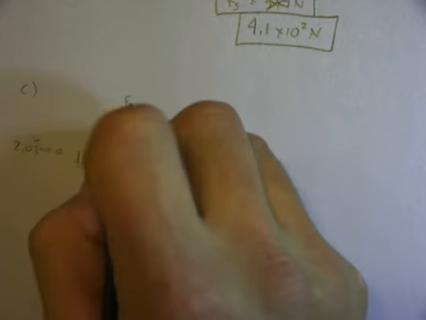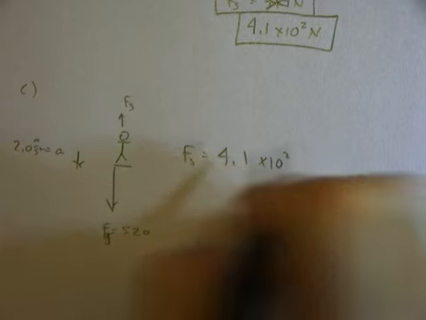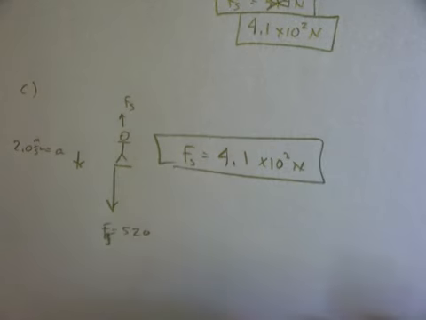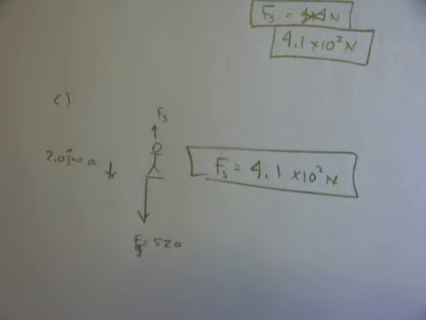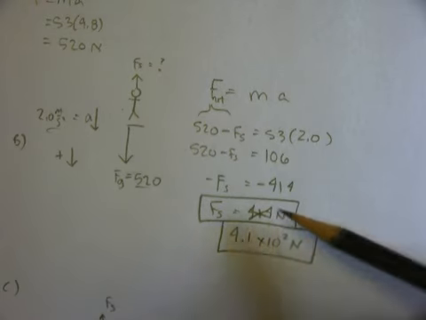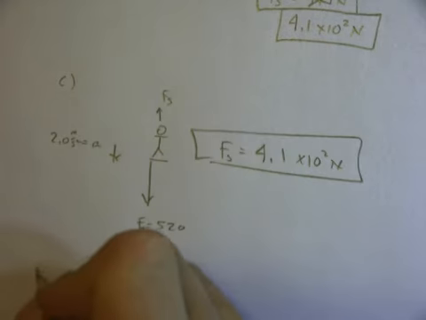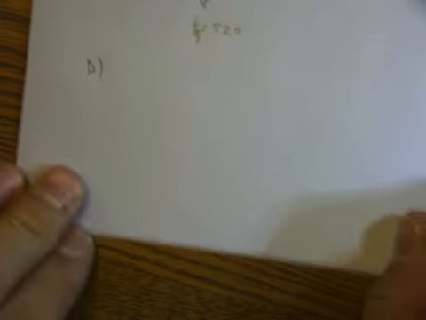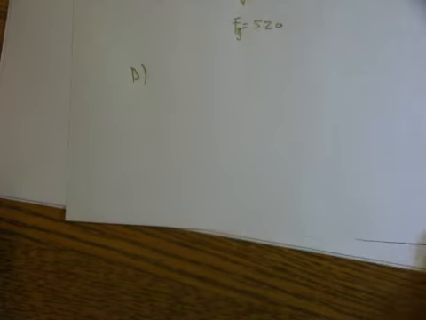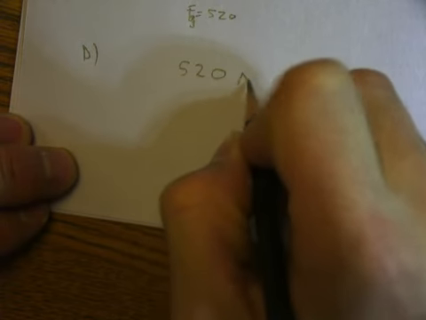The force of the scale is the same, 4.1 times 10 to the 2 newtons, because you have the same acceleration. In one you're slowing to a stop, and in the other you're speeding up, so you're only concerned with the acceleration. Part D says it's moving downward at a constant speed. Anytime you're moving at a constant speed, the scale is going to read the same thing. So the scale is going to read 520 newtons.